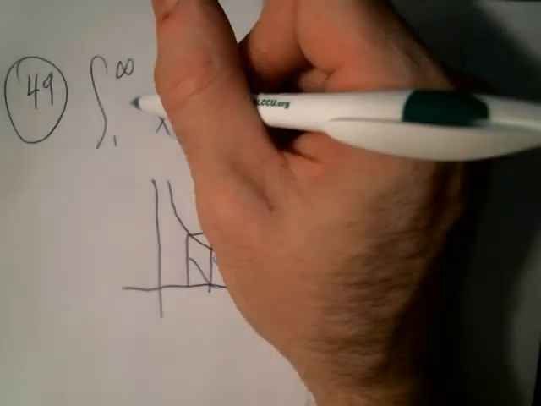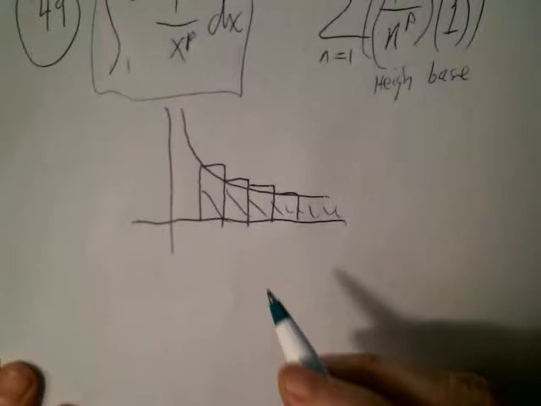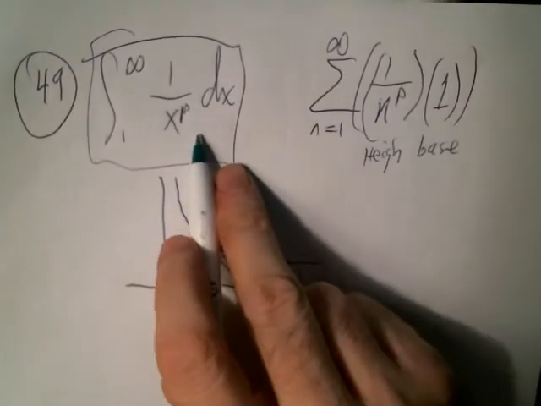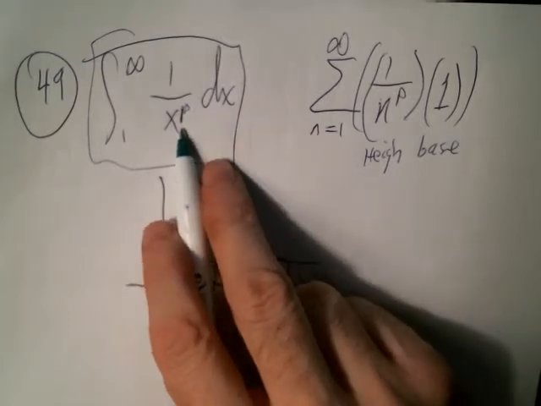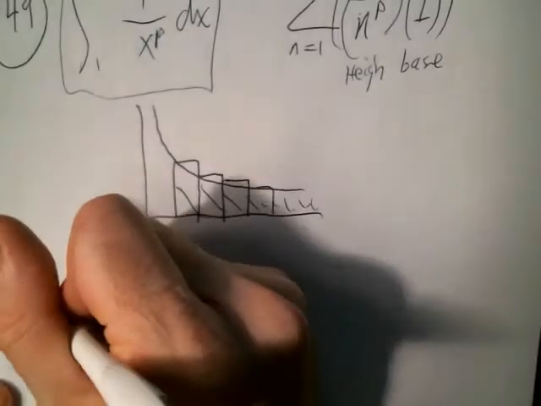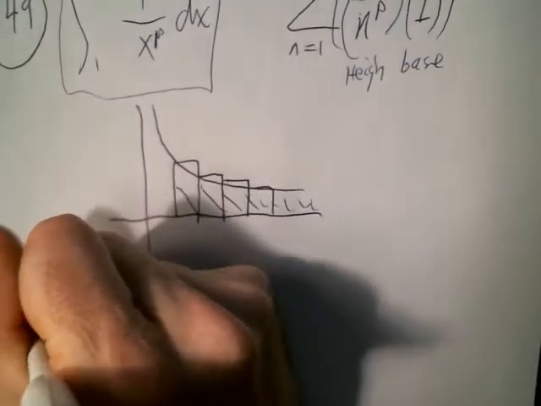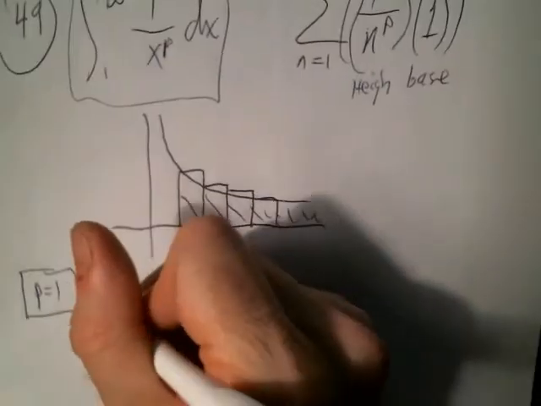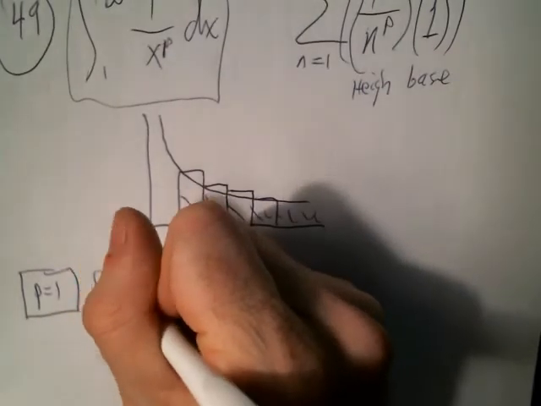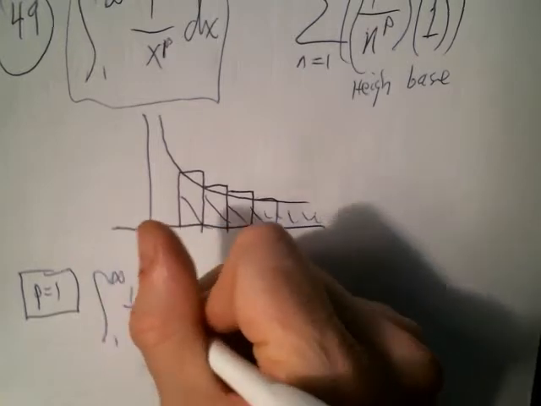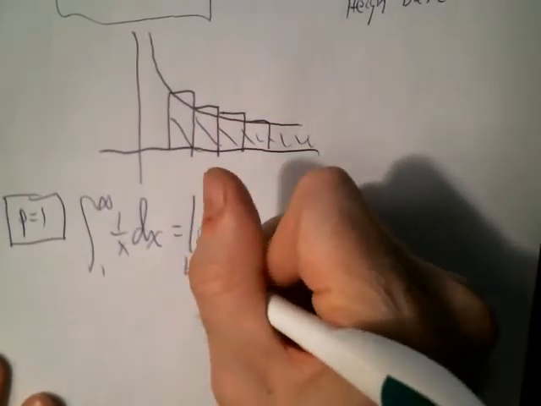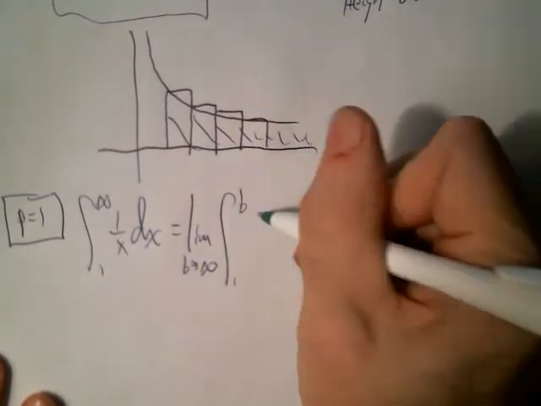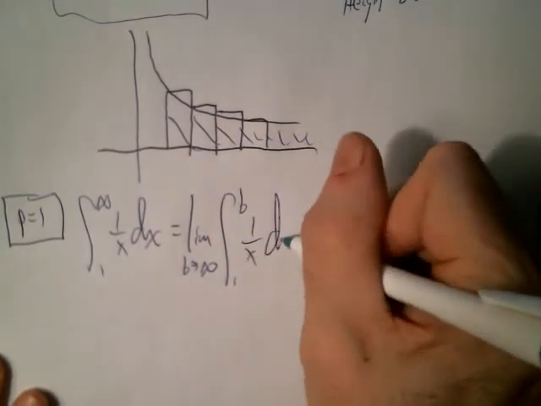Okay, so I want to analyze this thing, and there's two cases in the beginning. You can always integrate with the power rule except when p is equal to 1, so you need to consider p equaling 1. In that case, you have the integral from 1 to infinity of 1 over x dx, and replace it with the limit as b goes to infinity of the integral from 1 to b of 1 over x dx.